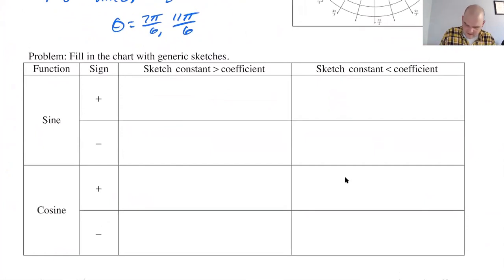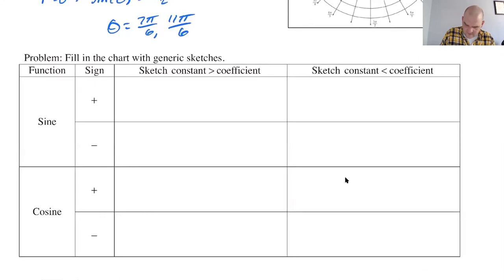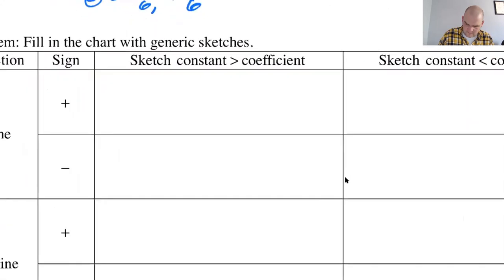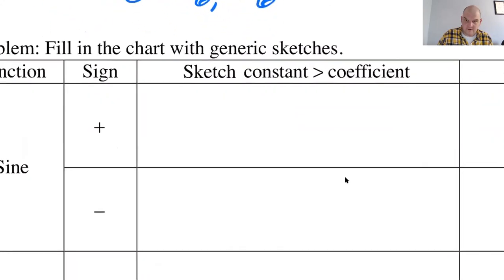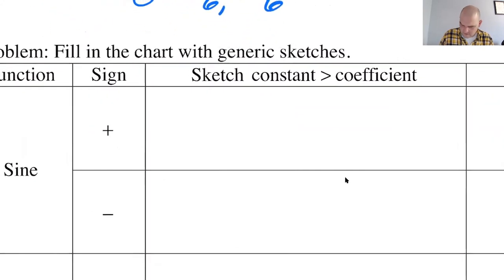So in that case, our sine graph, if it's positive, is going to look like, all right, here we go. I'm anticipating this not going well. There's going to be this point, this point, this point, and that point, and you're going to go out like that.